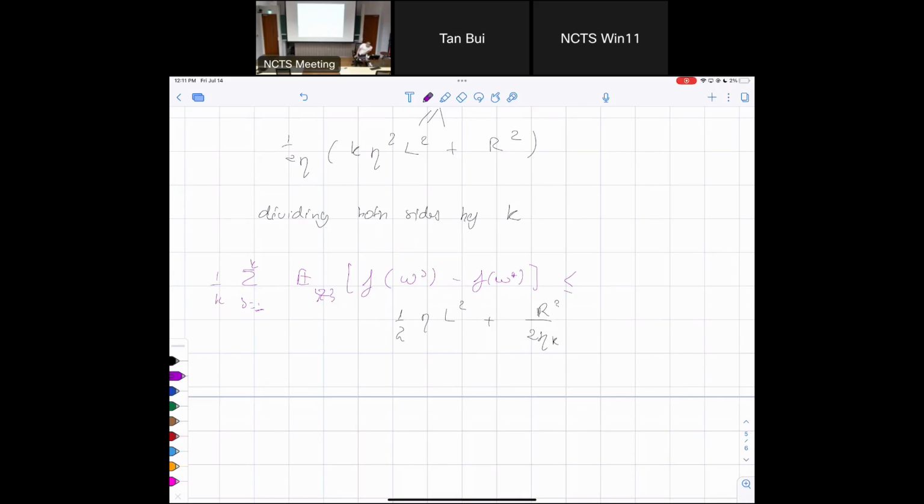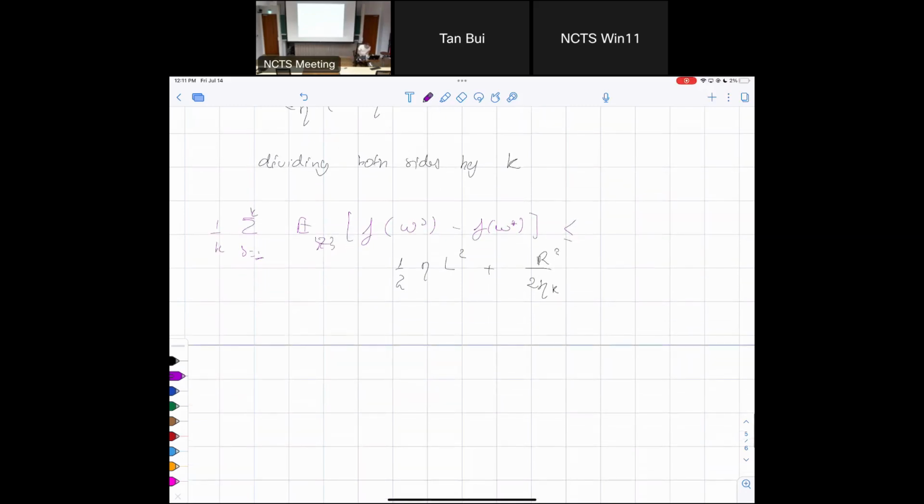Cauchy-Schwarz, right? So if I do Cauchy-Schwarz, this plus this is greater than or equal to what? This is greater than or equal to 1/4, right?